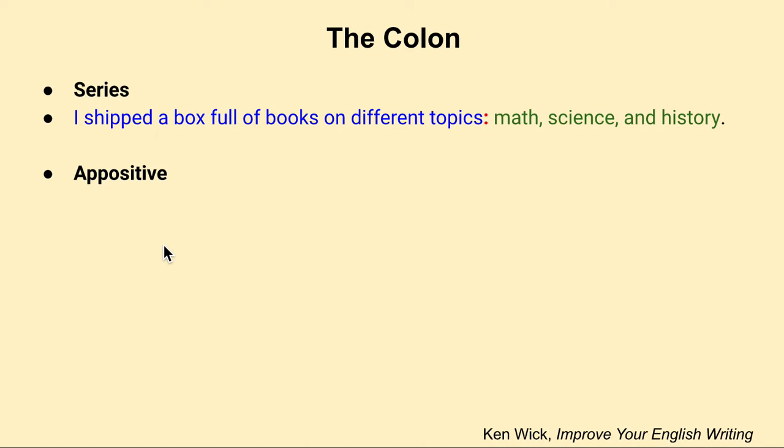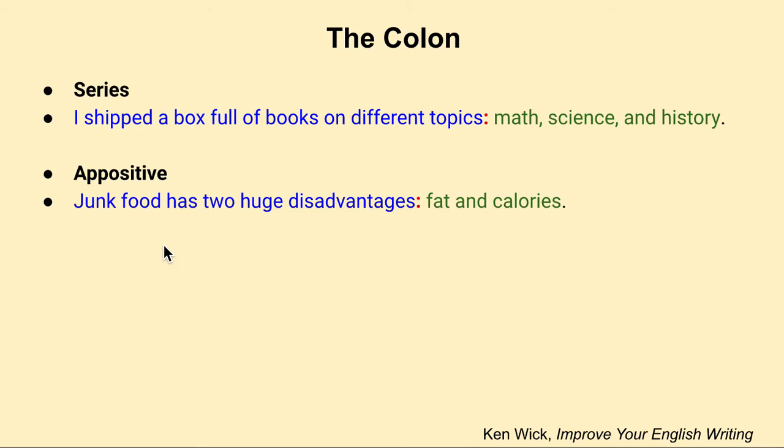Now let's look at the case of the appositive. Remember, an appositive is just something that comes after and renames what came before. So we have an independent clause and then an appositive, which just renames part of the independent clause, and you can separate those two with a colon. Let's look at an example. Junk food has 2 huge disadvantages. That is an independent clause.